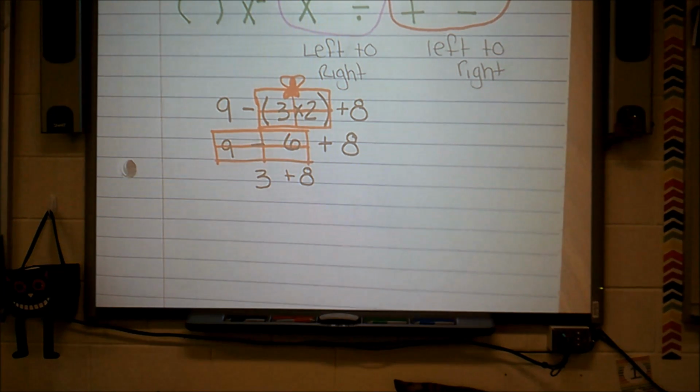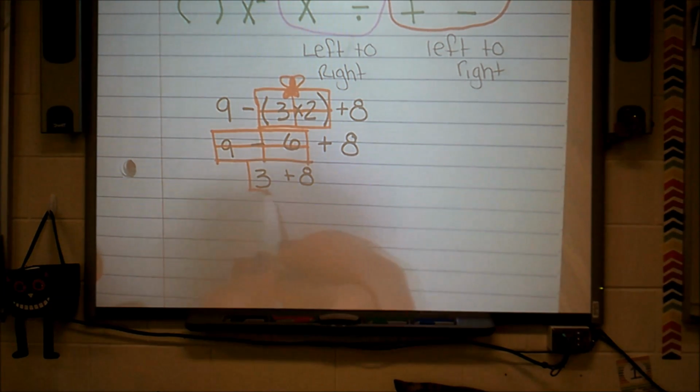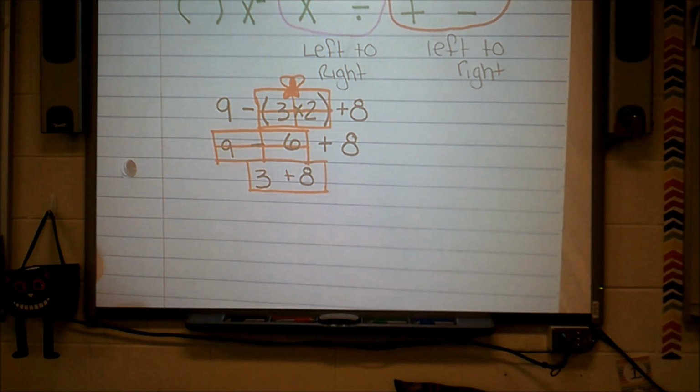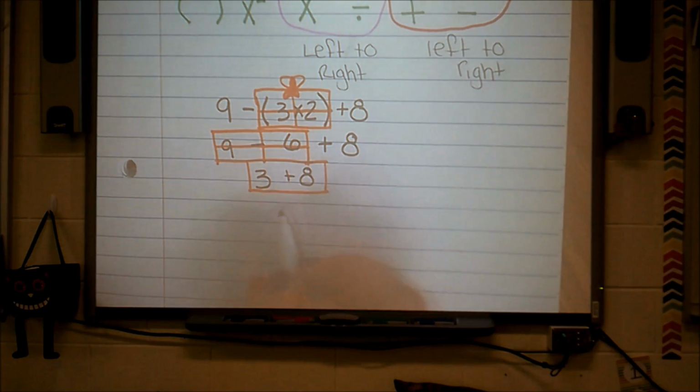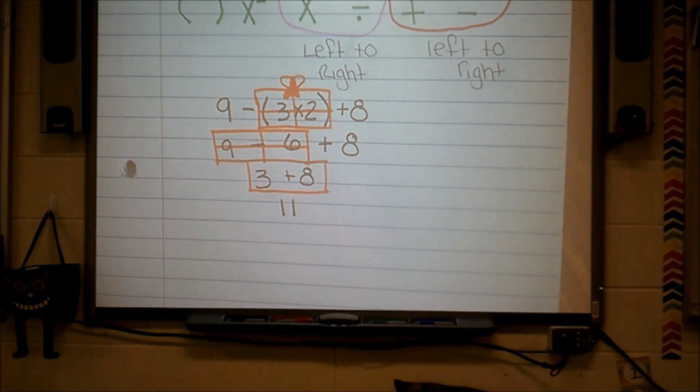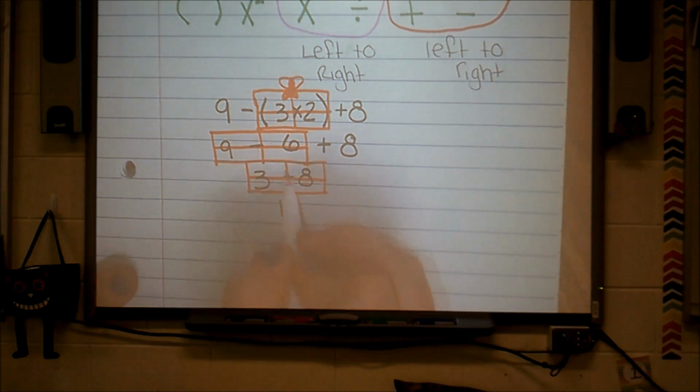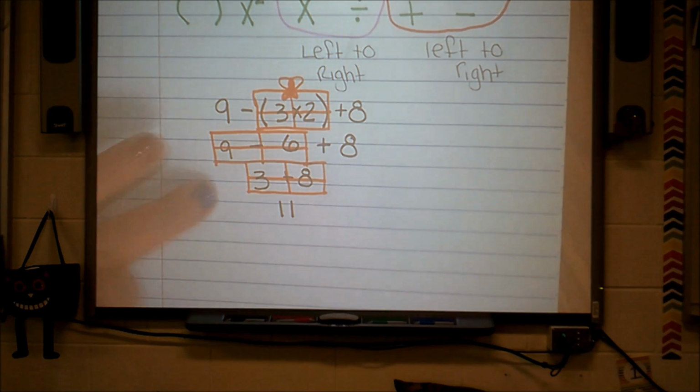I still have addition, so that is what I put in my box. I solve what is in the box. 3 plus 8 more is 11. Cross out your box, put a nice little bow around it, and there's nothing else to bring down, so you are finished. So the answer to our problem, 9 minus parentheses 3 times 2 plus 8 more, is 11.